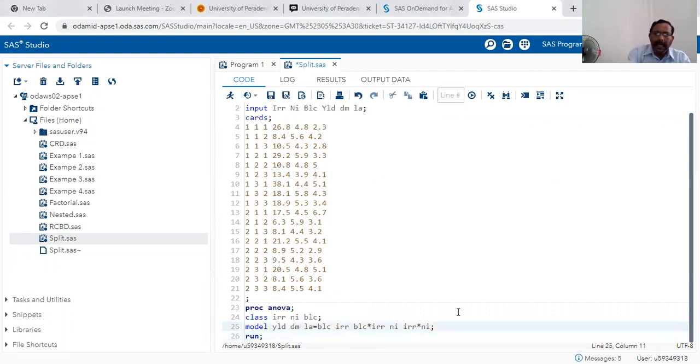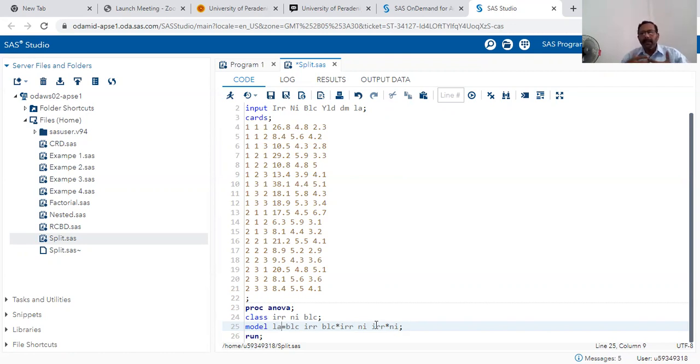Because here, look at here. If I say yield equal the rest of the information, it will give the ANOVA for yield. Then if I say dry matter equal block irrigation and so on, then it will give only the ANOVA for dry matter. Similarly, if I say leaf area is equal blah blah blah, then it will give the ANOVA for leaf area.